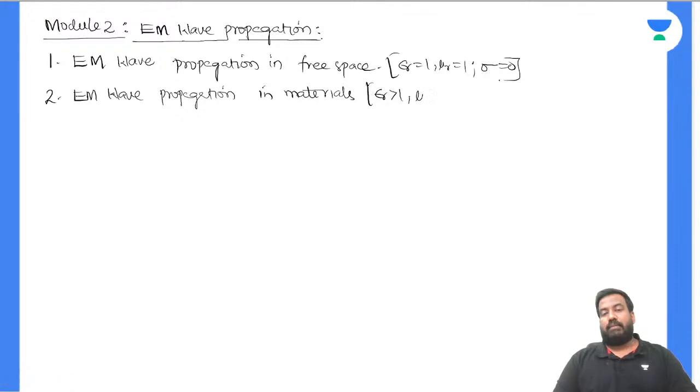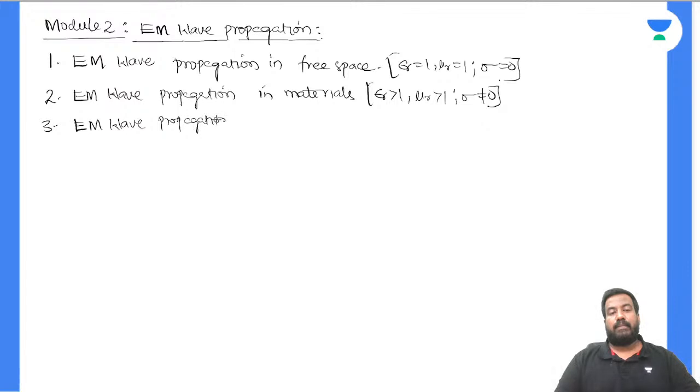Epsilon r is greater than 1, mu r is greater than 1, sigma not equal to 0. Also covered EM wave propagation in good conductors, where sigma is far greater than omega epsilon.